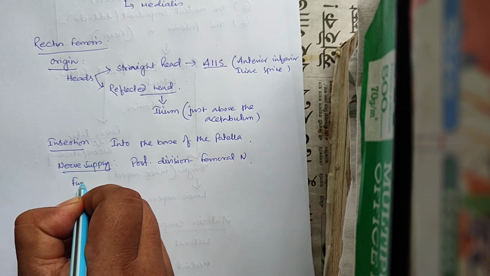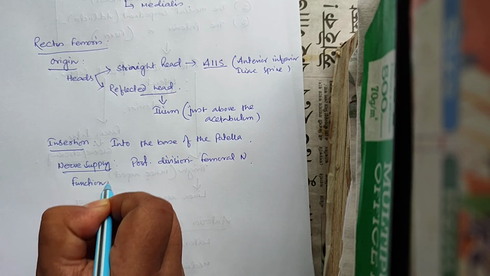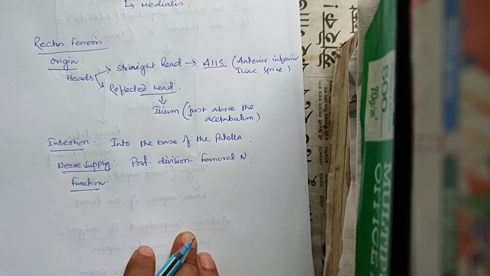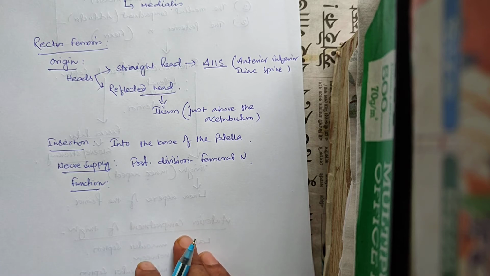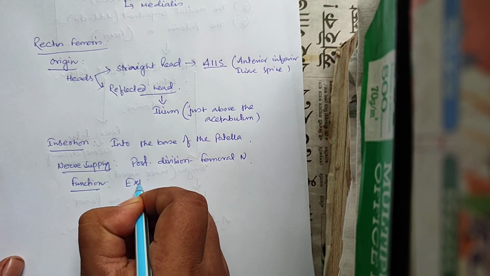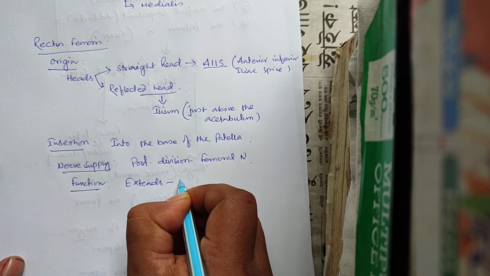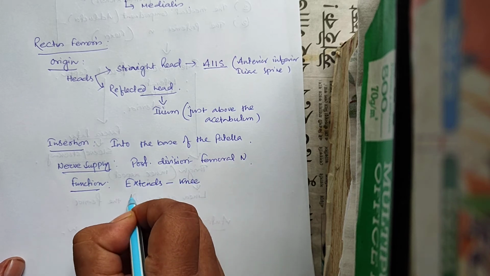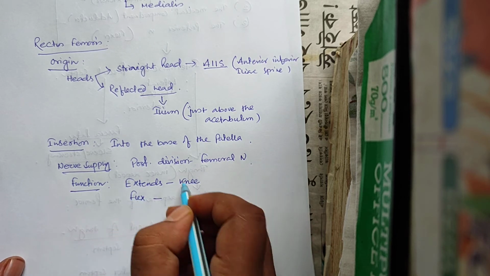Function: it helps to extend the knee and flex the hip joint, because it crosses both joints, the knee joint and the hip joint. That's why it extends the knee joint and flexes the hip joint.